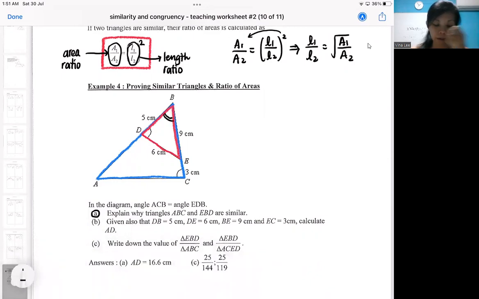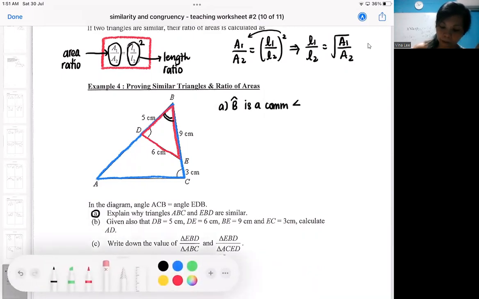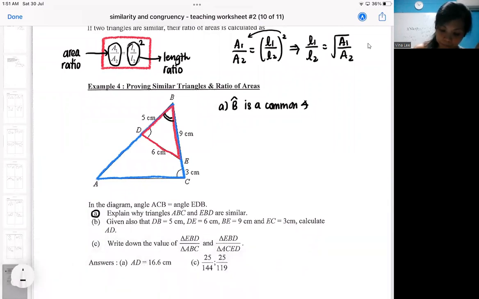You have a common angle and a given angle. B is a common angle, and then you also have a given angle. When it is given, you state the reason. So by AA, the triangles are similar.